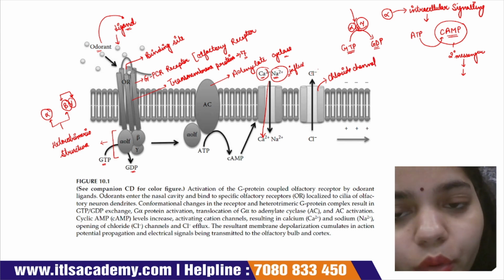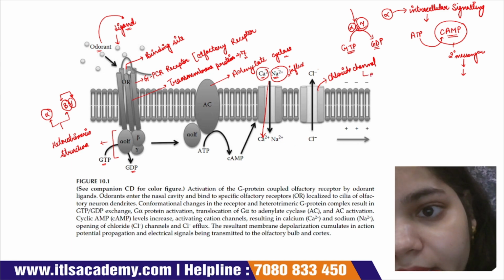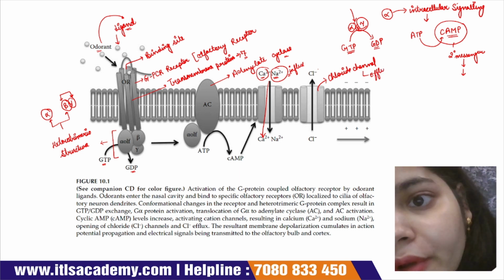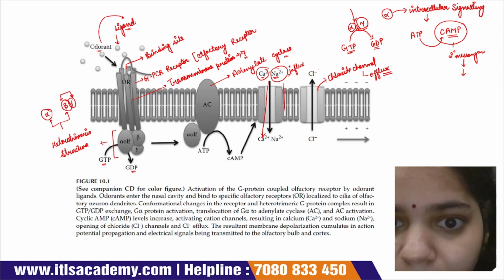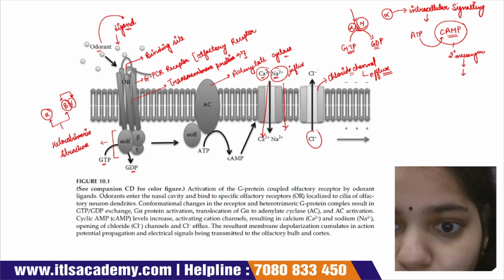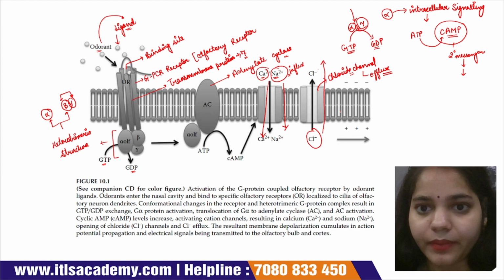Whenever this chloride channel is open, then the chloride will move outside the membrane. Whenever the calcium or potassium migrate inside the cell, the chloride channels will open and the chloride ion will move outside the membrane.